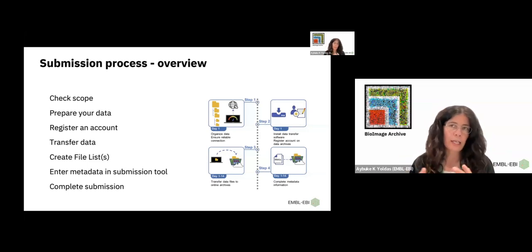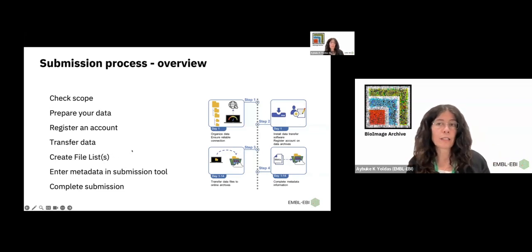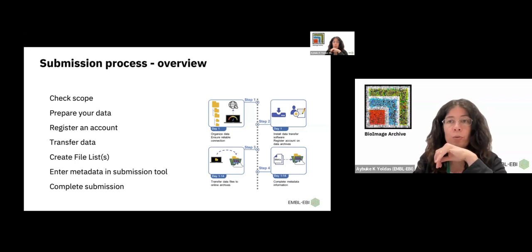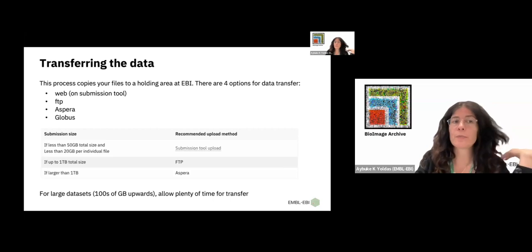Then you just prepare your data, collect it into some folders, register an account, transfer your data, and create what we call a file list, which I'll go into detail on in the next steps, and then enter the metadata in the web submission tool and hit submit. In terms of transferring your data, you have multiple options.